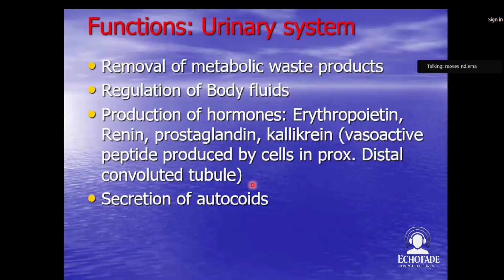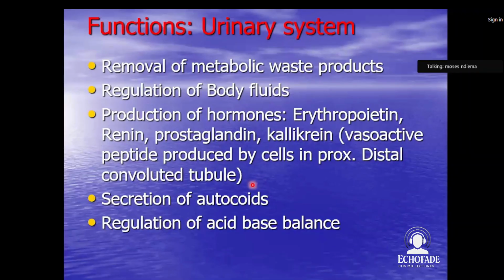That means the hormone is not released into blood circulation, but it is released to the environment of the cell and will have an effect on the cells immediately next to that releasing cell. Something like nitric oxide is an autocoid, and prostaglandins are autocoids, and these influence the dilatation or constriction of the blood vessels, and therefore have an effect on the glomerular filtration. And that is important for us to know.